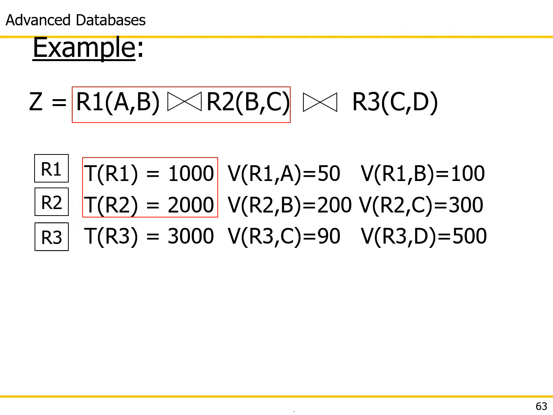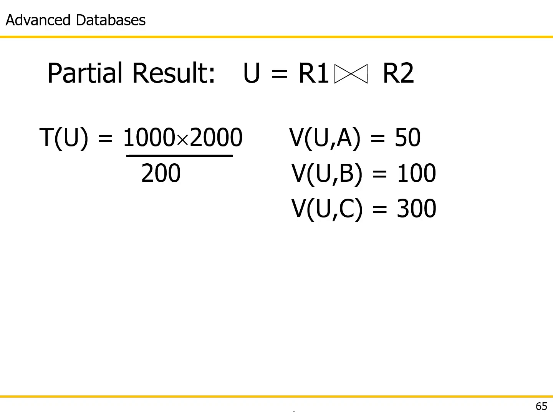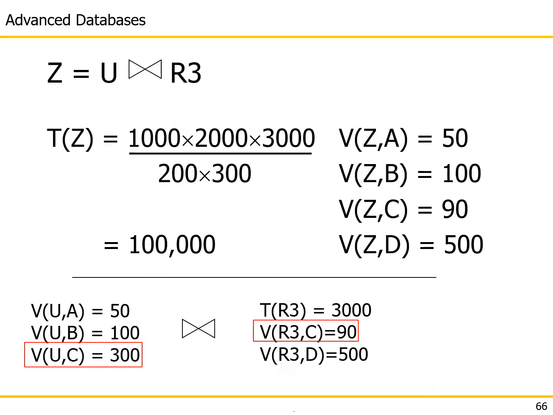Okay, so I have here my stats that I need, and this is the number of unique values, so it's going to be TR1 multiplied by TR2 to estimate the size of the result set coming from the join, divided by the maximum of the two, which is 200. That will give me a new table U, and then I will do a join between U and R3. Okay, so this is my U with the different parameters.